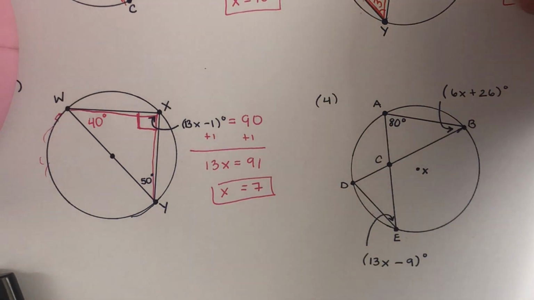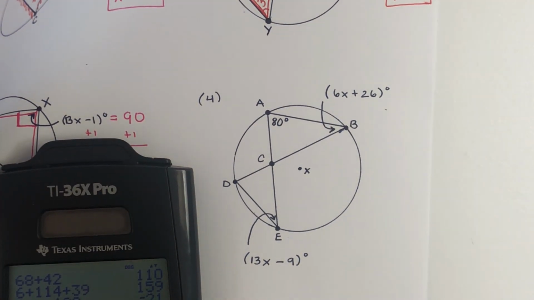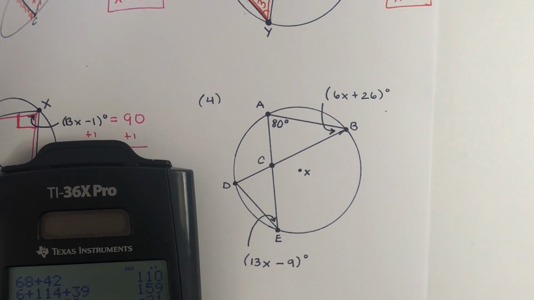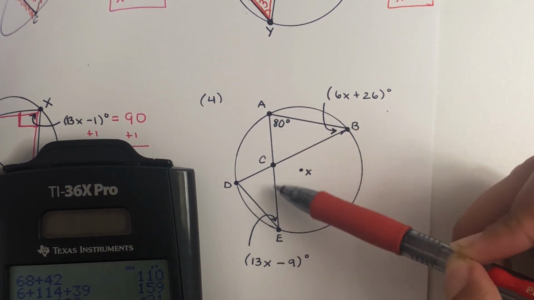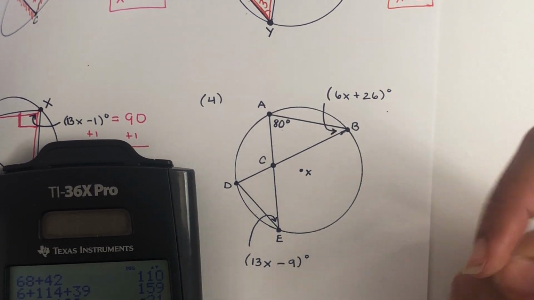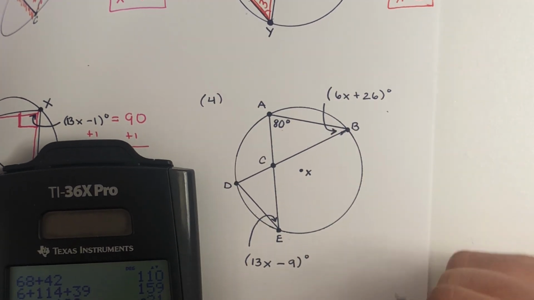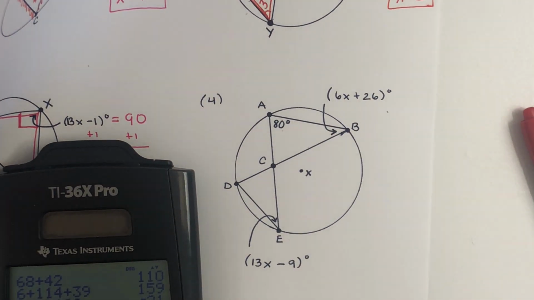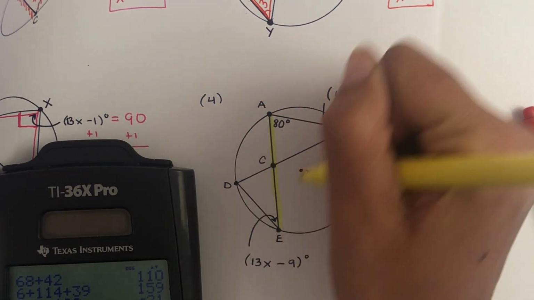So, let's look at what we're working with. We have an 80 here, which means there's going to be an 80 somewhere in the other triangle. And then we have these 2 expressions. So, we have to fill in all the angles for both triangles. This 80, I'm going to extend the line of the 80.